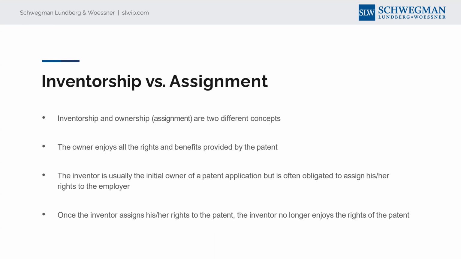However, as I said before, they're often obligated to give those rights to another party, typically the inventor's employer. And what's so powerful about assignment is that once the inventor actually assigns the rights to the patent, the inventor who assigned has no rights to the patent anymore. It's all transferred by way of assignment.